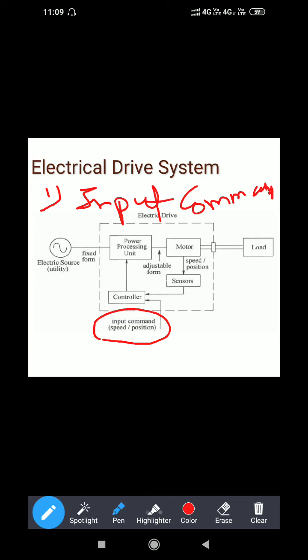Like we require the speed of this motor to be from 0 to 1500 rpm. For this we can set a DC voltage from 0 to 10 volts.